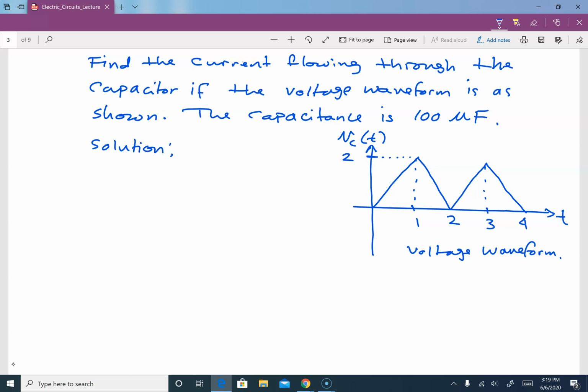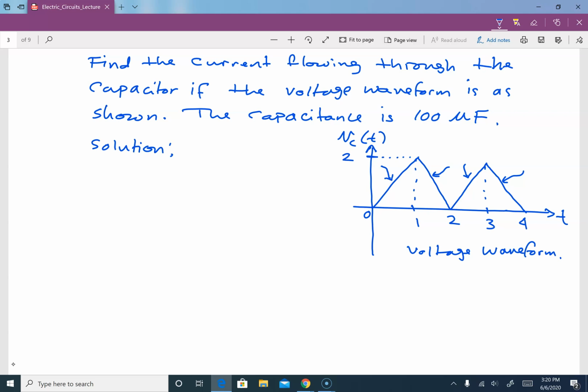I don't want anybody to be confused here. So what we need to do, we need to find the equation for this line, for this line, for this line, and for that line. So from 0 to 1, I have an equation for the voltage. From 1 to 2, I have an equation. From 2 to 3, I have an equation. And then from 3 to 4, I have another equation.